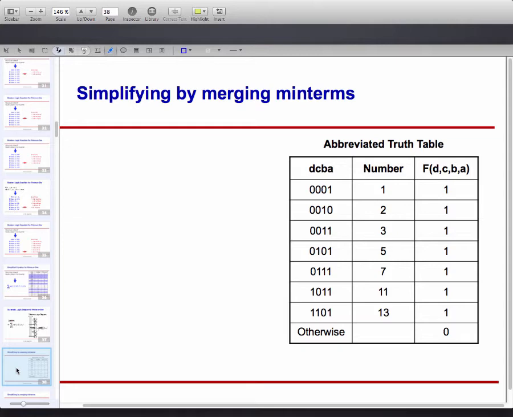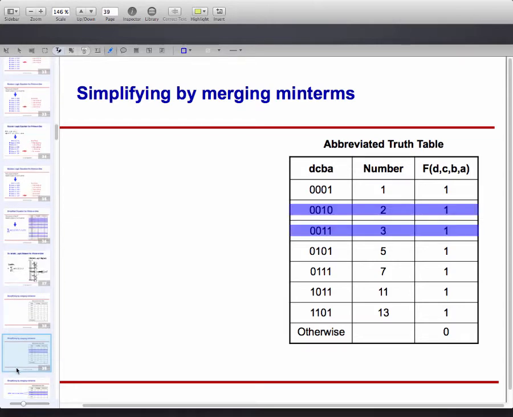So the truth table that we had, I have just rewritten it out here so that I highlighted the rows which are 1, and otherwise all the other combinations correspond to 0. So again, 1, 2, 3, 5, 7, 11, 13, those minterms I have 1, and the remaining one is 0. And what we'll do is we'll look at a strategy on how we can combine them.